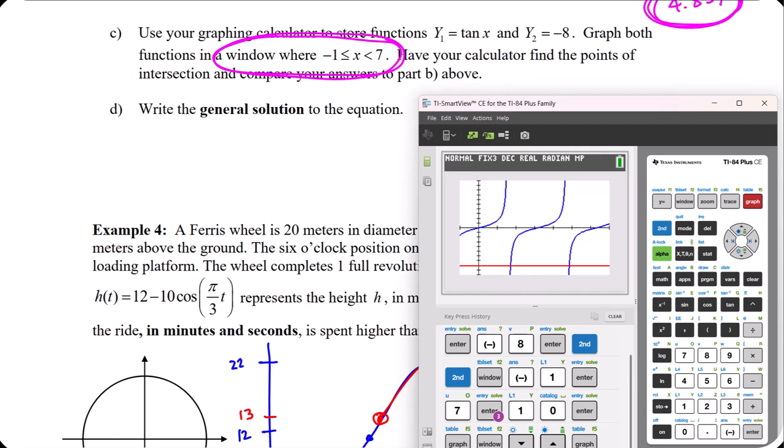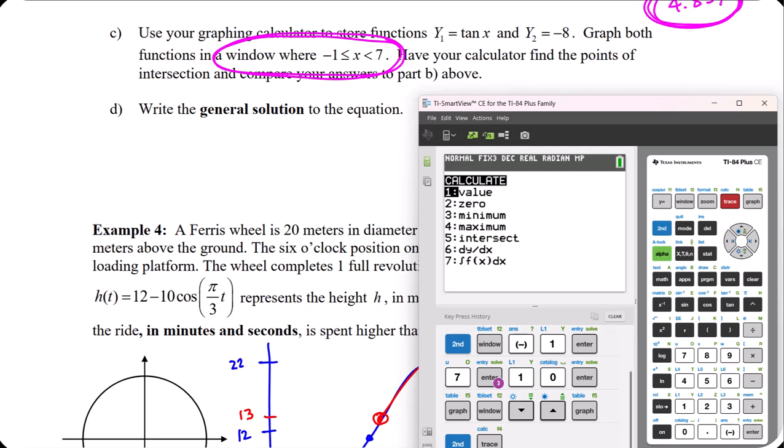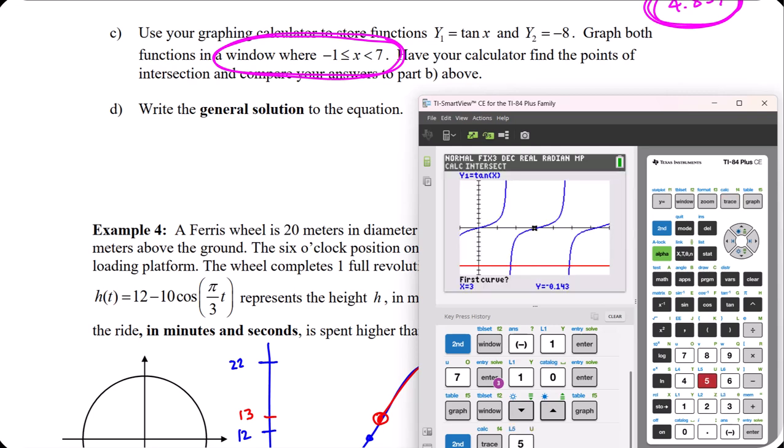So we'll go to second, calc. Choice 5 is intersect. The first curve is the blue curve, the tangent curve, so just press enter. The second curve is the red line, where y equals negative 0.8. Press enter.